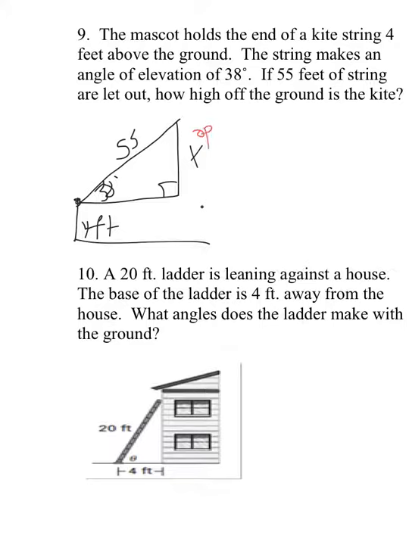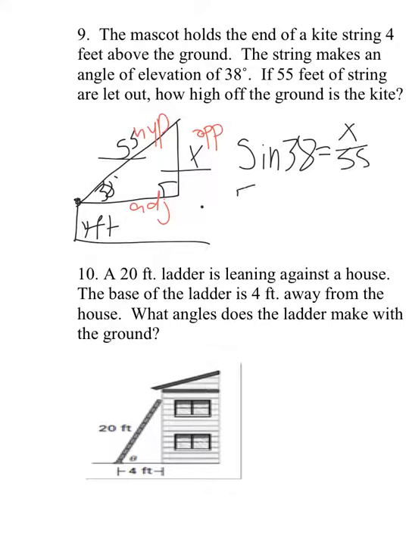From 38, you have opposite. That's hypotenuse. That's adjacent. Opposite and hypotenuse have information. So sine 38 equals opposite x over hypotenuse 55. 55 times sine 38 equals 33.861.